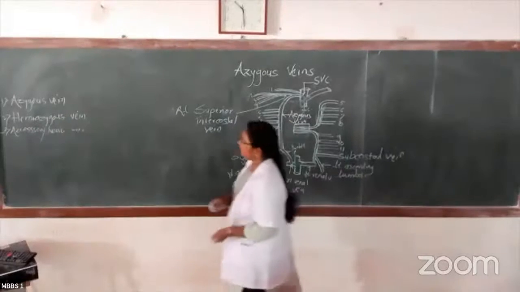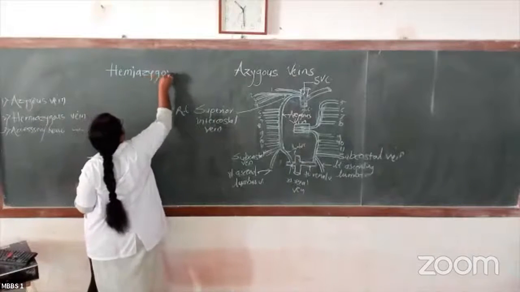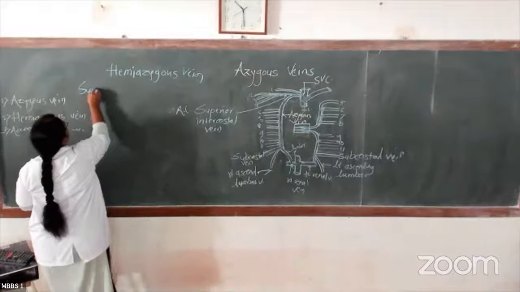Now we see this hemiesophagus vein. The synonym of this hemiesophagus vein is inferior hemiesophagus vein.